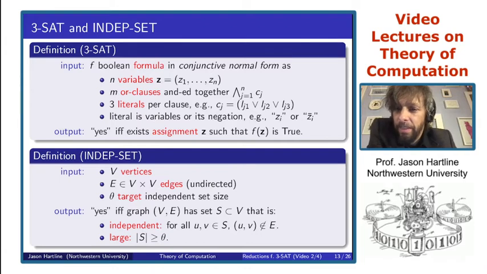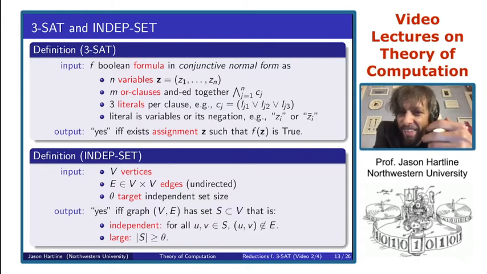Great. So what is the independent set problem? The independent set input is a graph on vertices V and edges E. Again, an edge goes between pairs of vertices, and a target theta, the independent set size. The output to independent set is a decision problem.